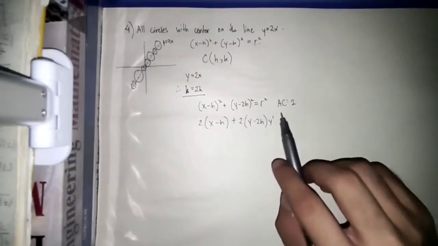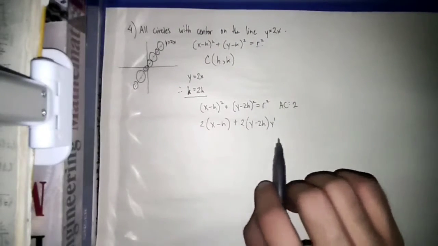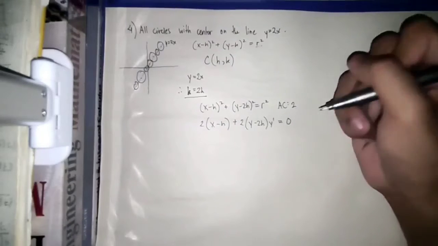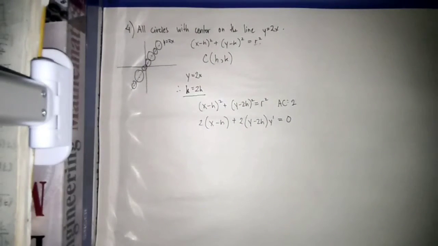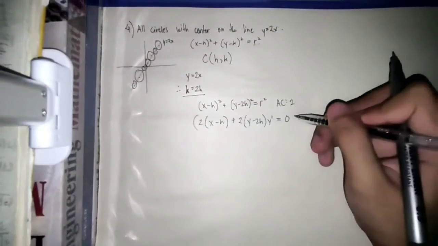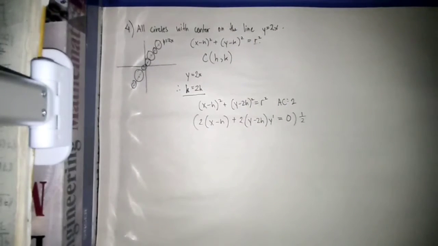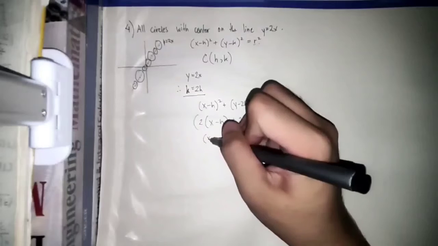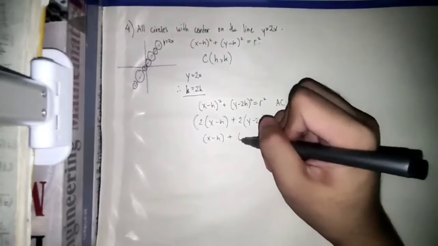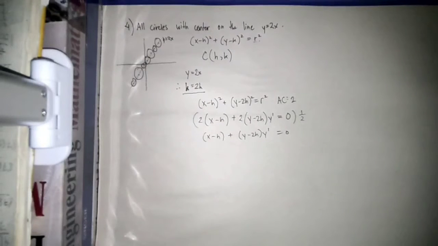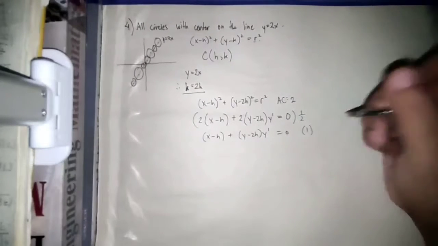We are getting the derivative with respect to x, by the way. The derivative of r² is 0 because it is a pure constant. Now let's multiply the whole equation by 1/2 so that we can cancel out the 2's, giving us only (x - h) + (y - 2h)y' = 0. Let's label this new equation as equation 1.